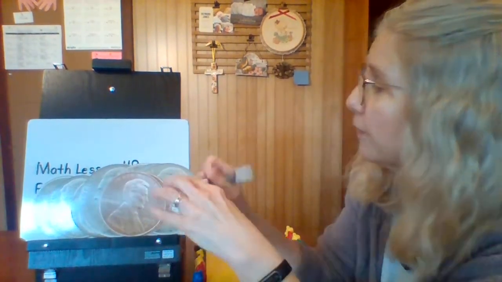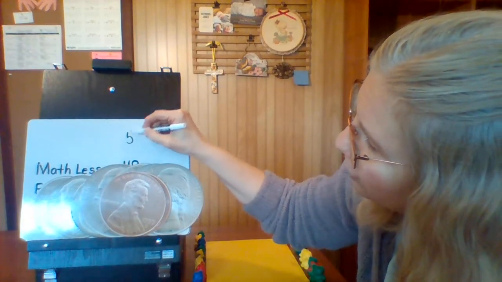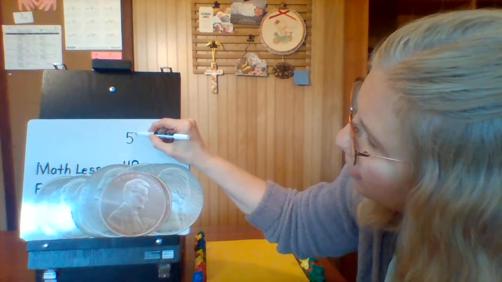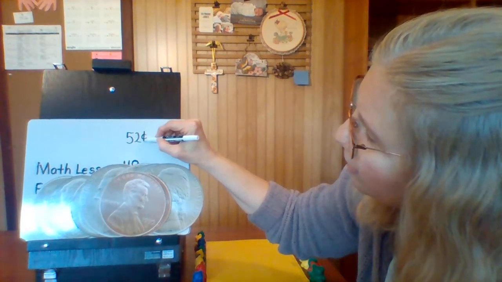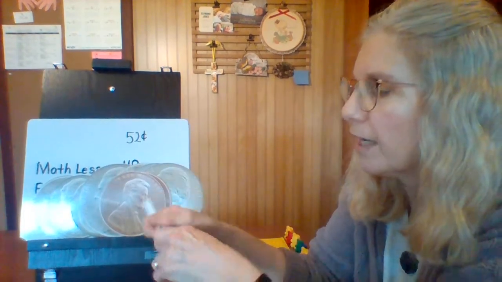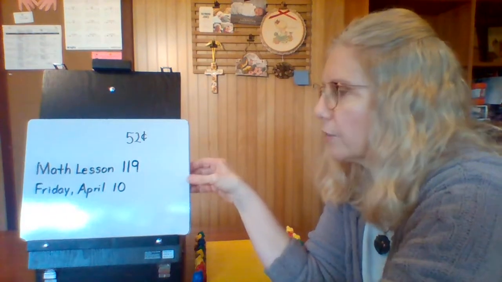So then we go 51, 52. And then we would write 52 cents like this up here. You want a 5 first because it said 50, and then a 2, and then a cent sign is a C with a line through it. So there we are. And that is how we do coins for today.